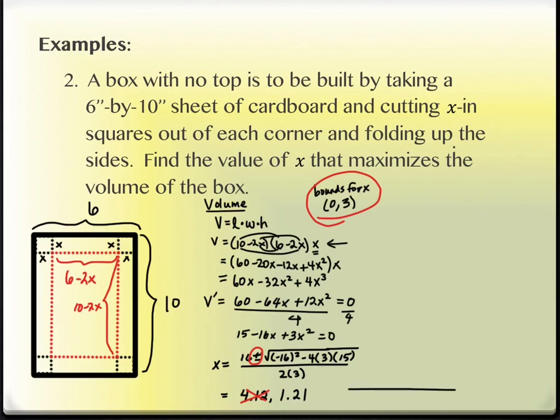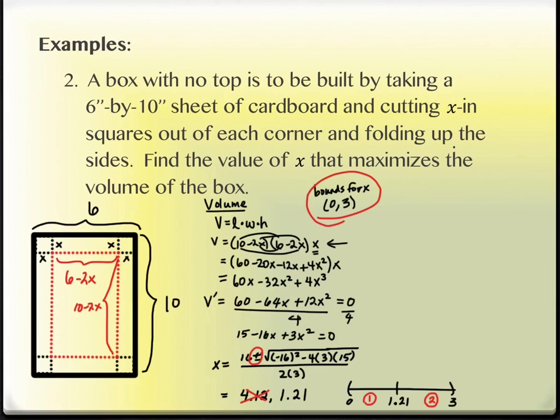So you guys told me last time you wanted to do a sign chart, so we'll do another sign chart. So here's 1.21. And again, you need to bound it between 0 and 3 so that you make sure you choose values that are actually on the intervals you think you're working with. Okay, 1 and 2. So we're going to test 1 and test 2, and we're going to plug those numbers into the derivative.